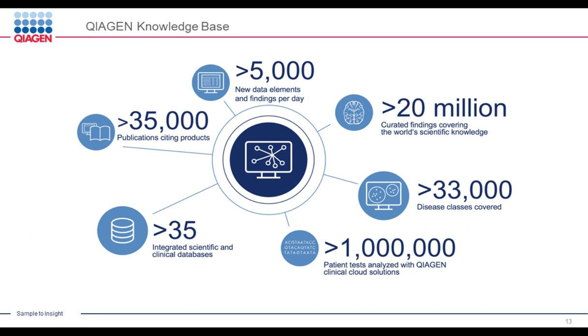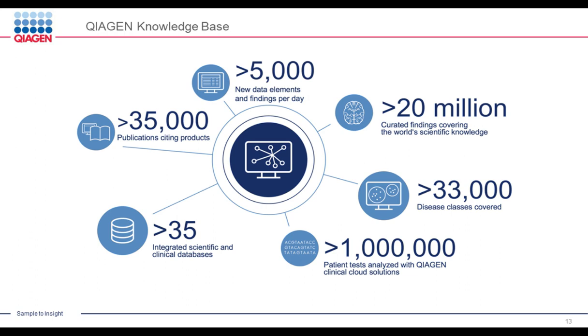Now, how do we do this? Well, we've been doing this for almost 20 years now, and as part of that effort, we've curated over 20 million findings across the world's literature. We generate over 5,000 new findings every day across over 35,000 publications.